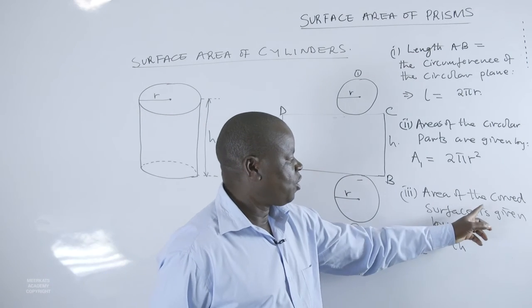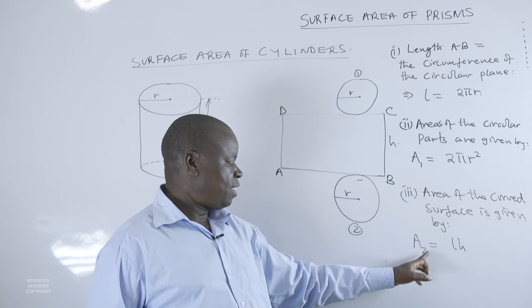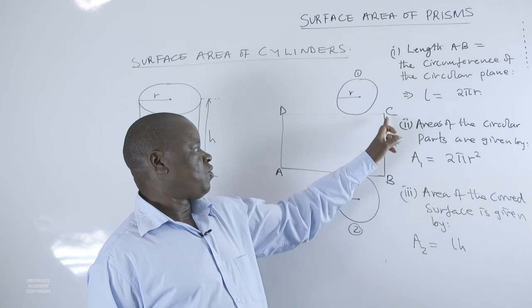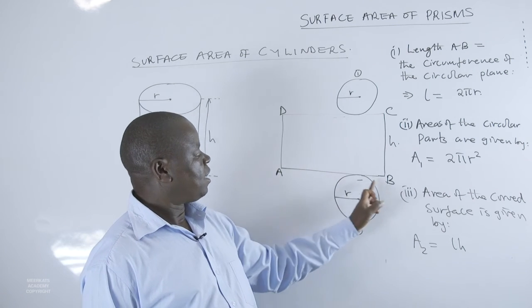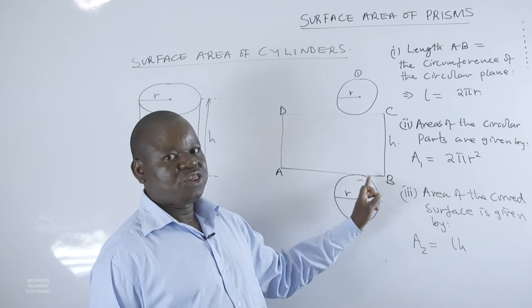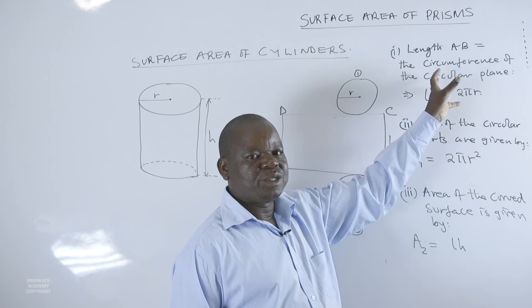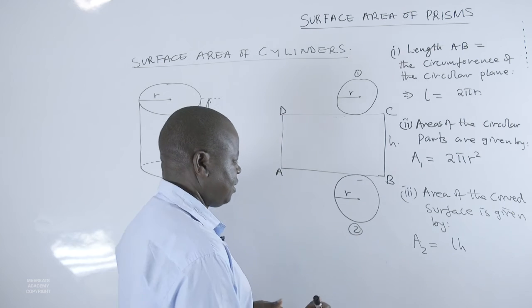Our area of the curved surface is given by A2 is equal to L times H, where H is the height of the cylinder, and L is the length, which is equivalent to the circumference of the circular base.